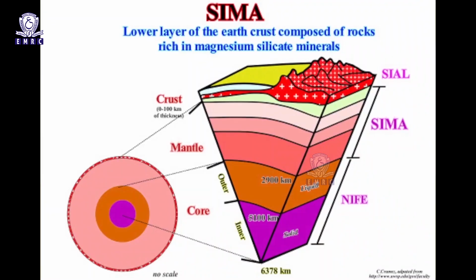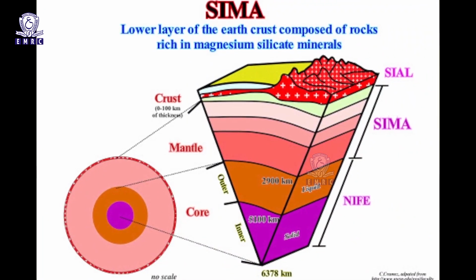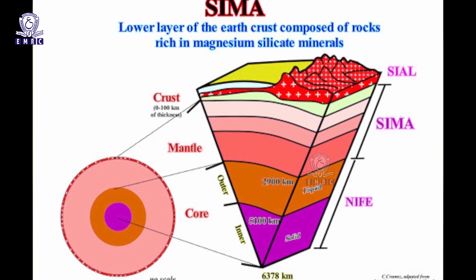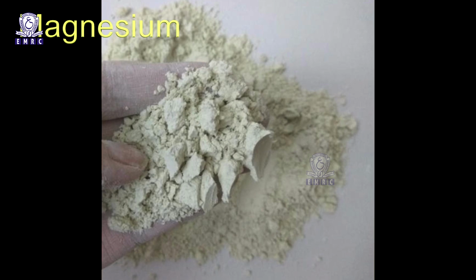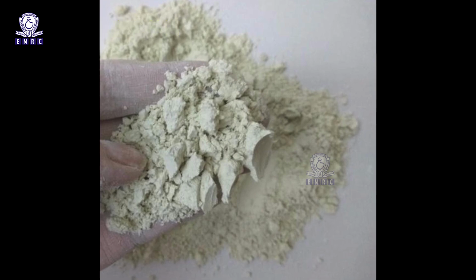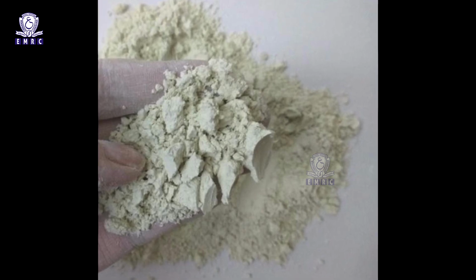This is the second layer which is located below the Sialic layer. This is the middle layer. This layer surrounds the core of the earth on all the sides. This layer is mostly made up of silica and magnesium and therefore called Sima.